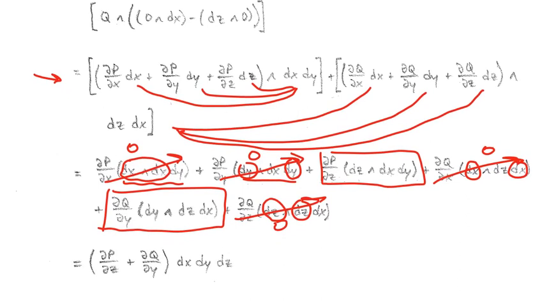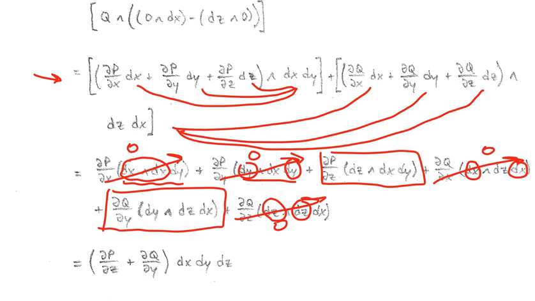Partial of p with respect to z times dz dx dy. Now this does follow our cyclic order. So we can take that dz dx dy, we can leave it as it is, or we can just rewrite it as dx dy dz, my apologies, and it's going to be the same thing. There's no minus sign that we have to multiply in there.